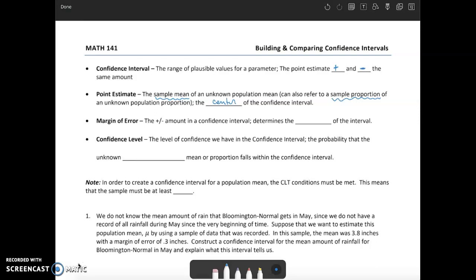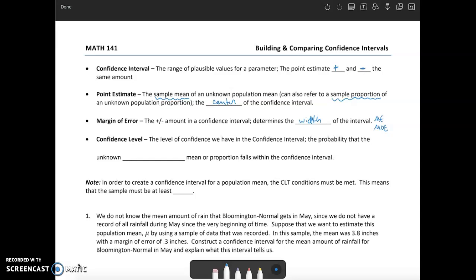The plus minus amount in a confidence interval is known as the margin of error. This determines the width of the interval. You might see margin of error in different texts or online referred to as the ME or the MOE for shorthand.